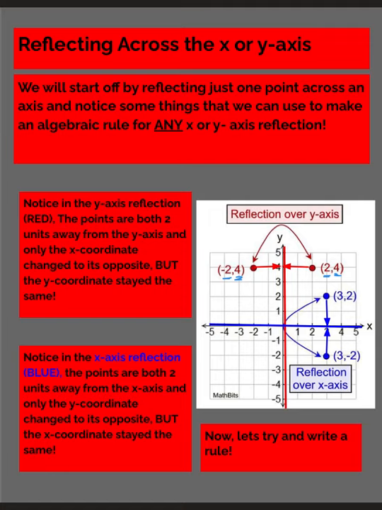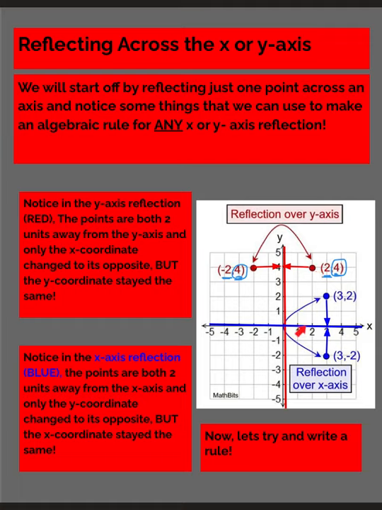So what you can say is when you're reflecting over the y-axis, the y coordinate value will stay the same, and the x coordinates become the opposite of what they were. So if it started out as a -2, the opposite of a -2 would mean it became a +2.